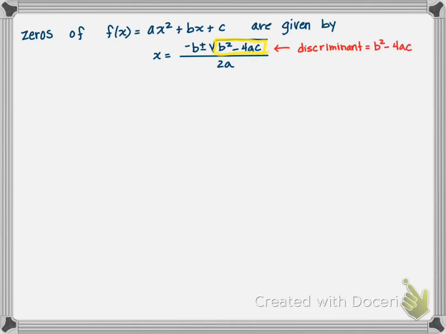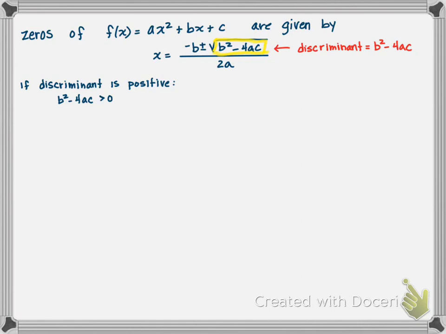That part of it can be used to do some interesting stuff with our function. The first thing we're going to look at is if the discriminant is positive, so if b squared minus 4ac is greater than 0. Remember, no square root, right? The square root is not part of the discriminant. It's just what's under it.